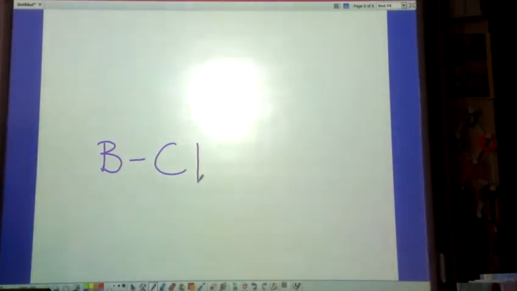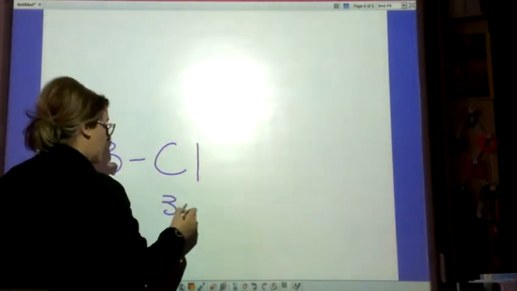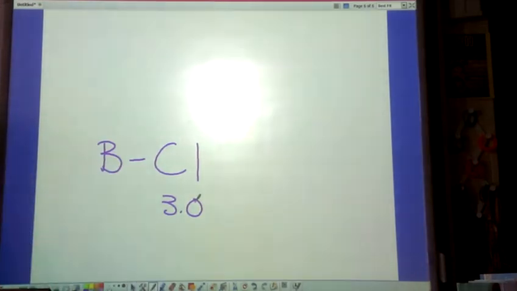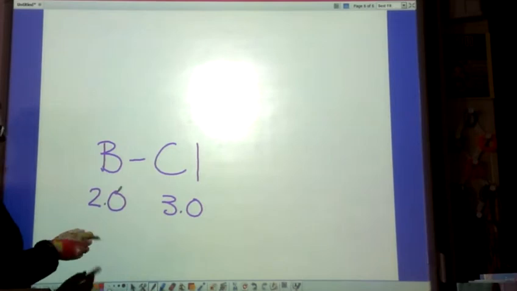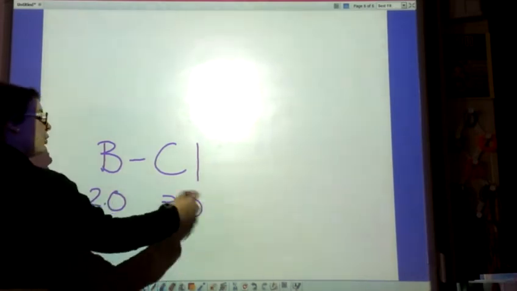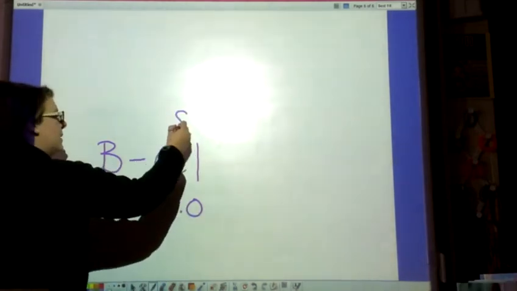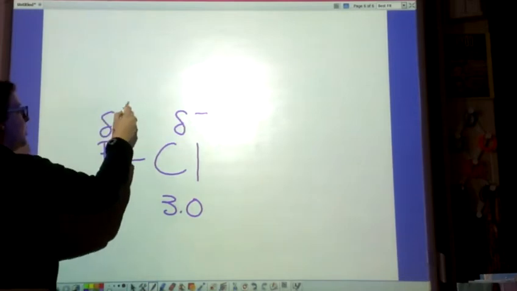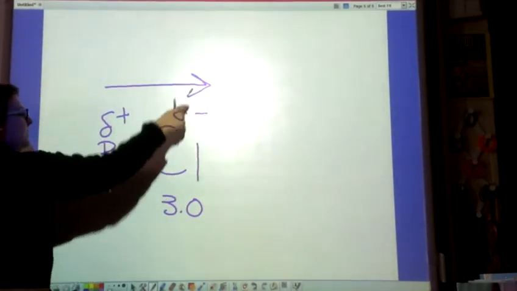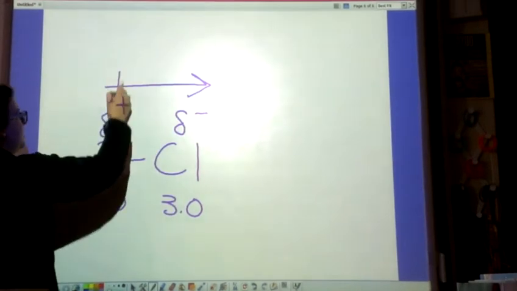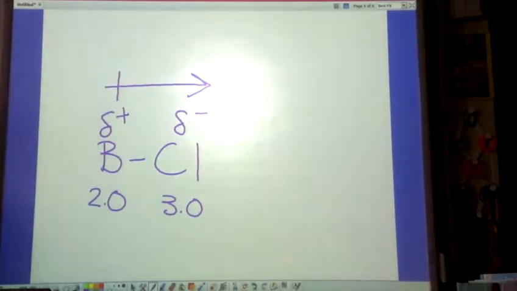I know chlorine is 3.0, if I look at my chart on that electronegativity table, and boron is 2.0. So that electronegativity difference is 1. Since chlorine has the greater electronegativity, that's my partial negative. Boron is my partial positive. Let me draw my arrow, head going to the more electronegative, tail at the electropositive.